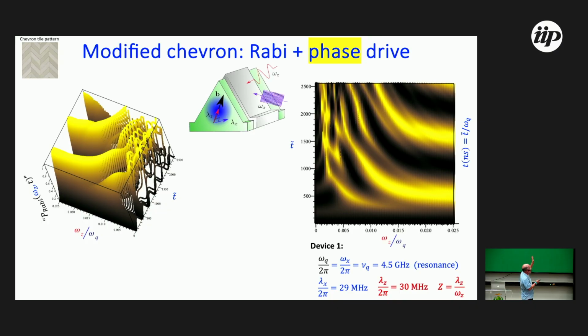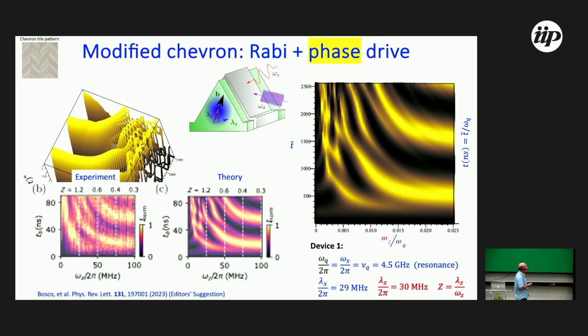I can take a cut from this other plot, and I can plot, say, in grayscale here, the probability versus the ratio, omega z and omega q here. So you get this kind of picture. I don't want to really discuss this much, but I can go into the details later if you want. And they actually measure this kind of pattern experimentally.